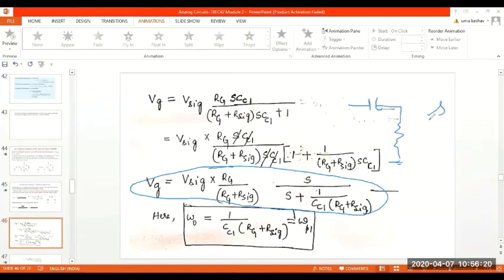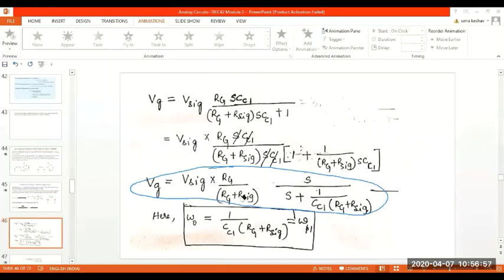It will be in the form S by S plus omega naught, or omega h, whatever you want to call it. That same form has come in our equation, and this will be multiplied by the midband gain or some separate gain constant. So we have just proved this.